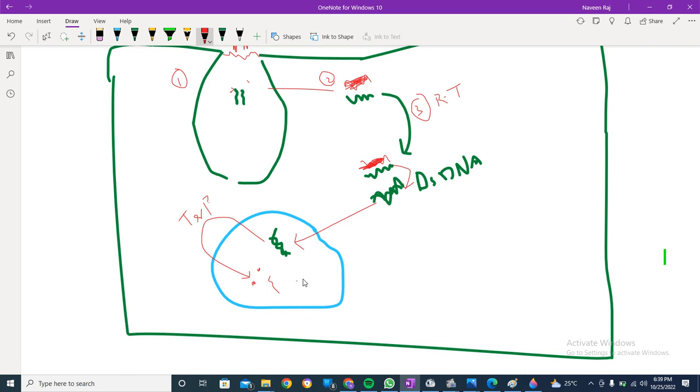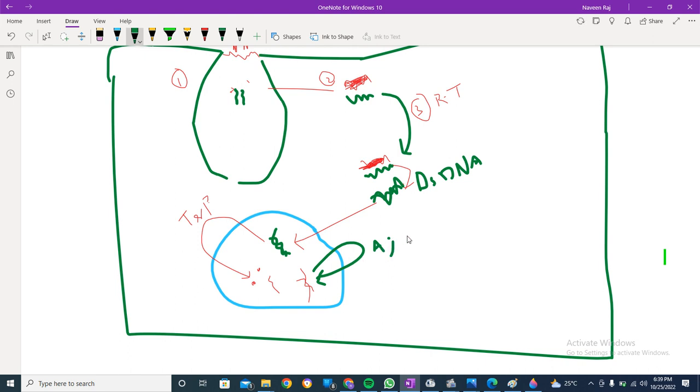Now the assembling takes place. Suppose assembling took place, and during the assembling, the different proteins and all that combine.